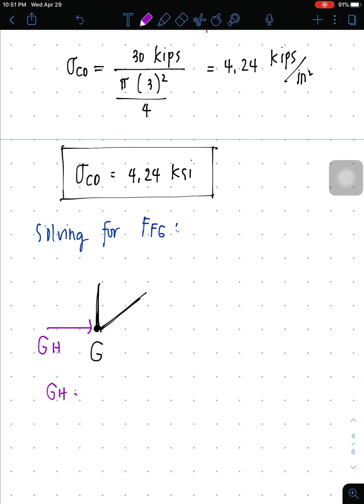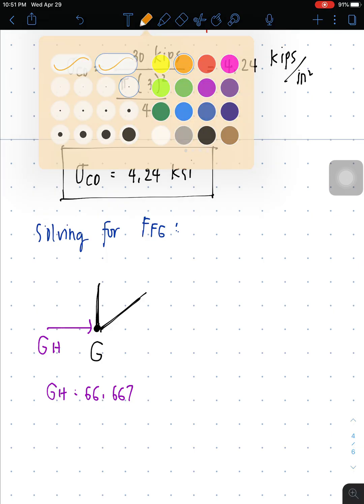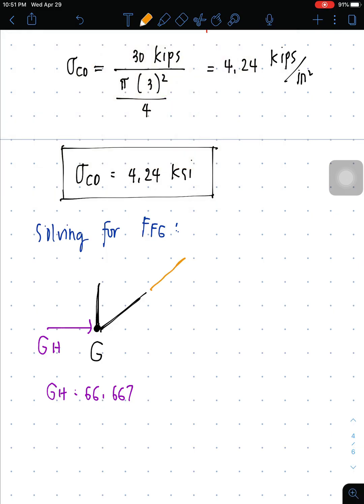So G horizontal is 66.667. And then we're after of this force here. This is our FFG. And by the way, we also have force here, FAG, but we're not looking for this one. So only this.